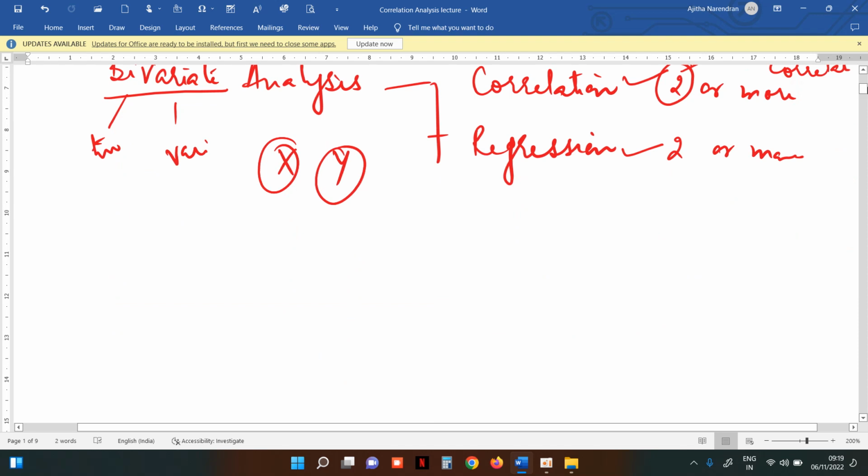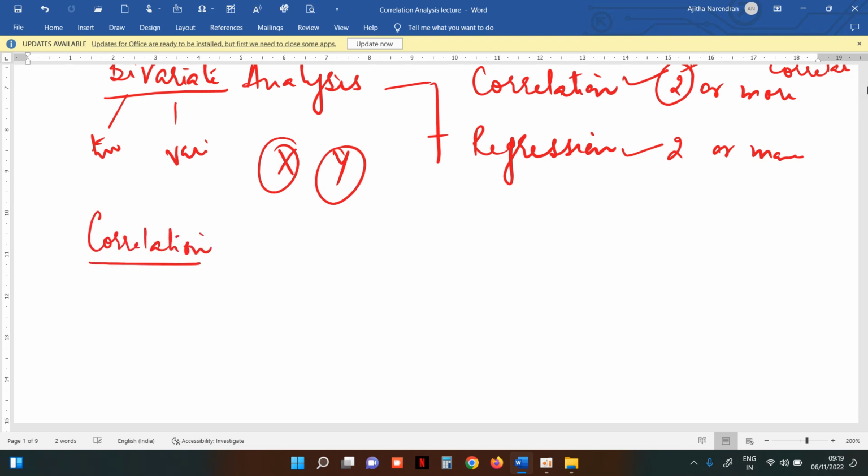Moving to the topic, let us see what we mean by the term correlation. I've already told you that measures of central tendency, dispersion, and skewness studied only a single variable, denoted as x.